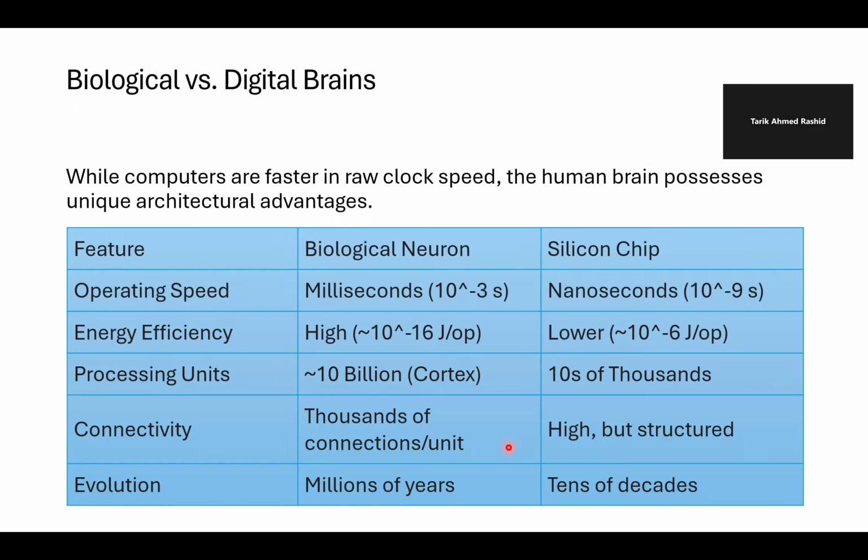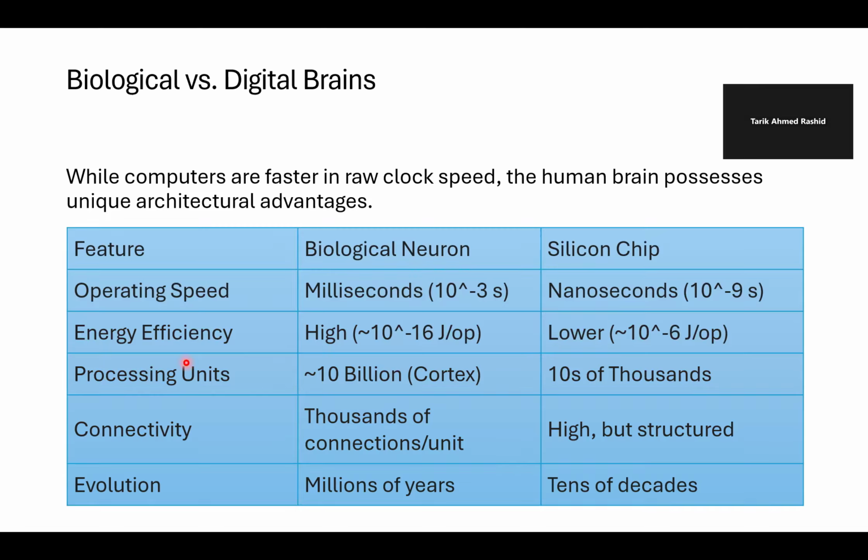Now some differentiation between the biological neuron and the artificial neuron. A biological neuron operates in terms of milliseconds, whereas an artificial neuron operates in nanoseconds.